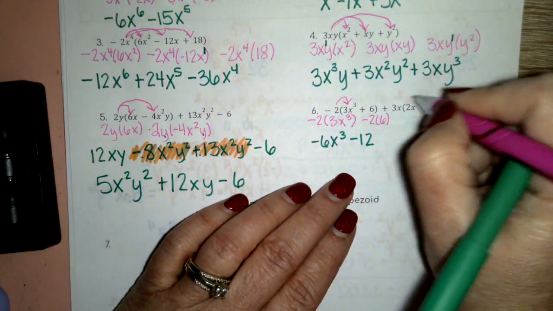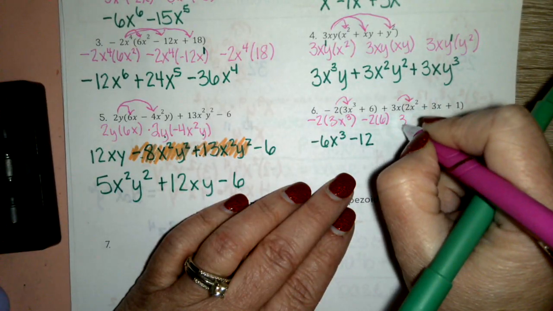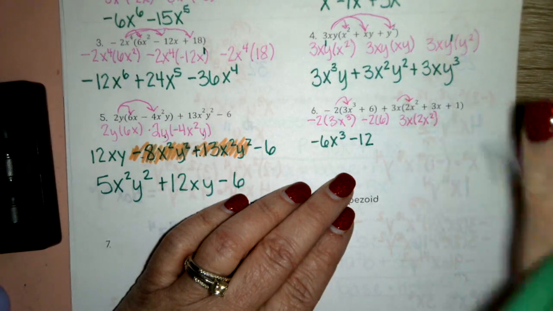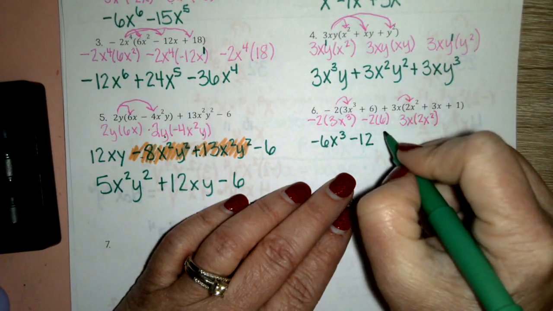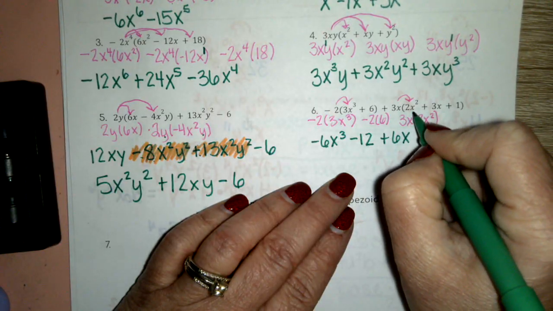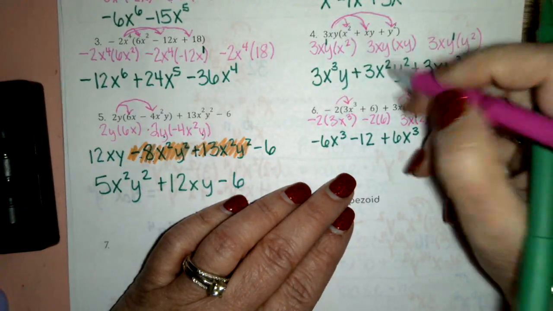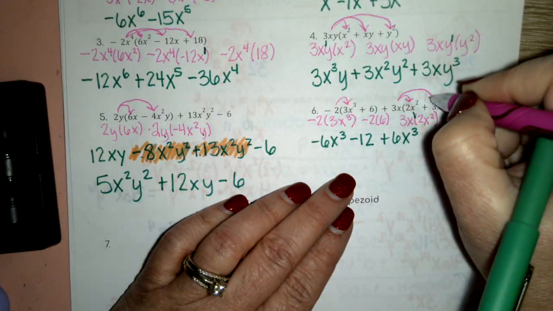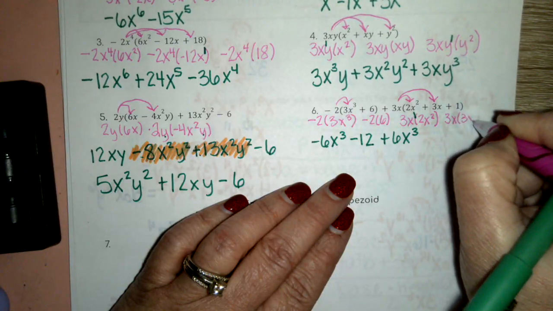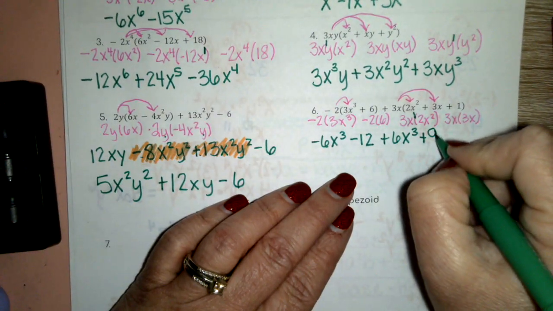Now we have a positive 3x times 2x squared. So 3 times 2 is a positive 6x. And there's 2 here and 1 here, so 2 plus 1 is 3. 3x times 3x is 9x.